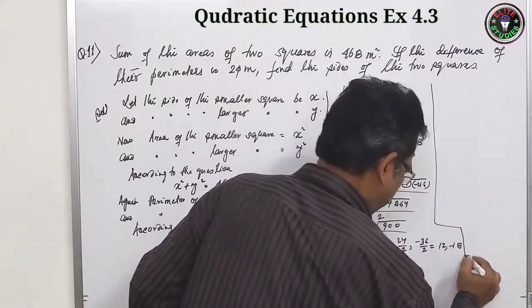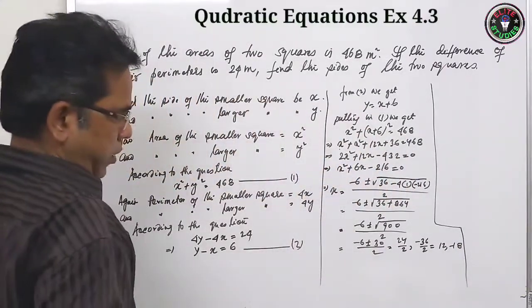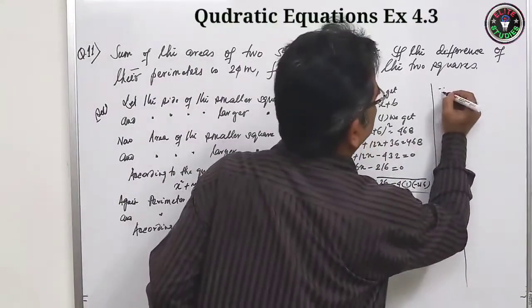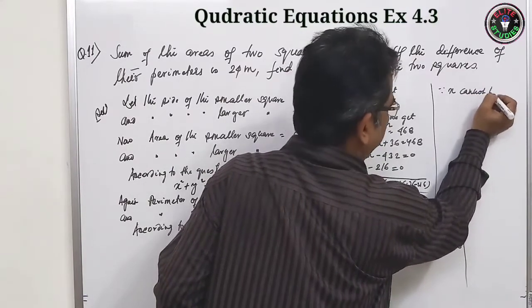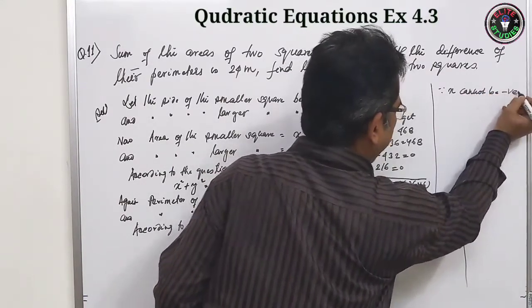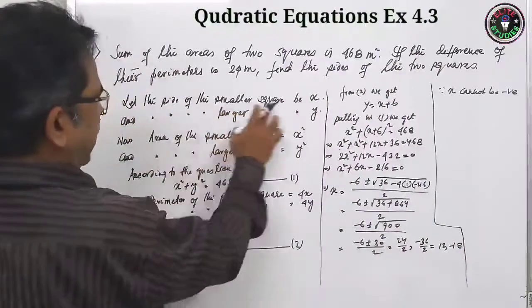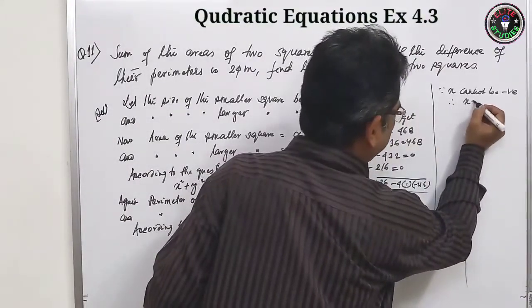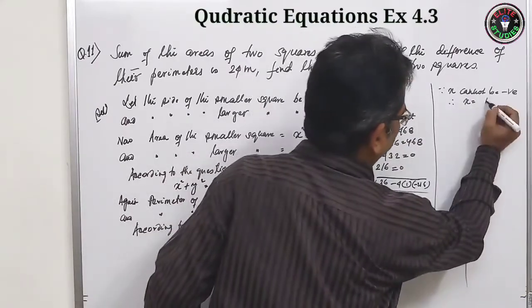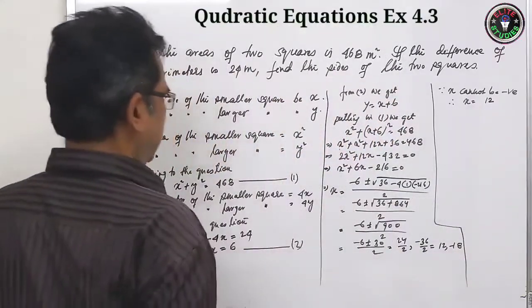Now, since x cannot be negative, because it is the side of a square, and the side of a square cannot be negative, therefore x is equal to 12. We got it.